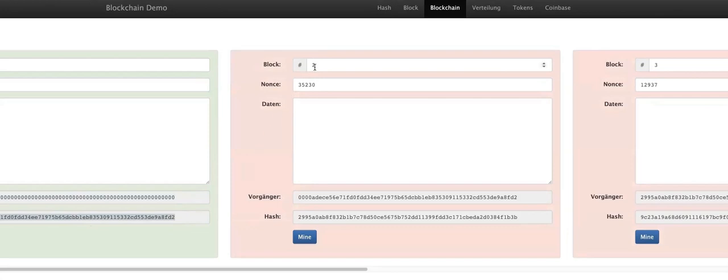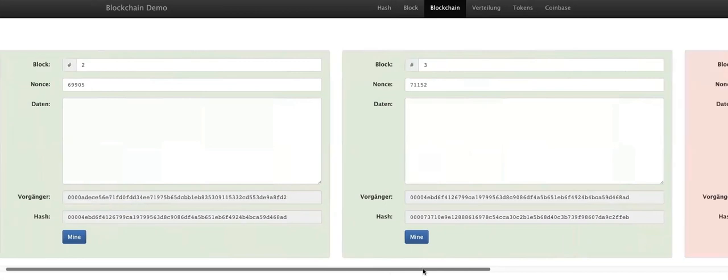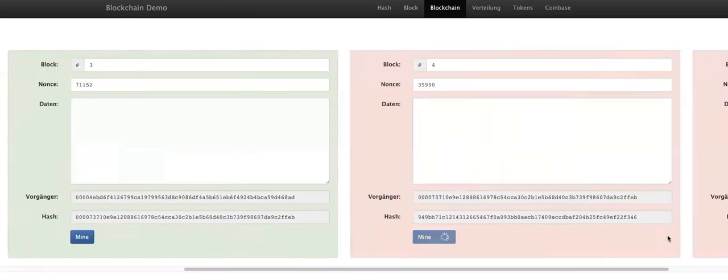And what we can see in the second block is that the previous block hash is listed right here as well. So let's mine this one as well, because we do not have 4 leading zeros just yet. Now that this one is validated, let's also validate the third one. We can also mine the 4th and the 5th one at the same time.